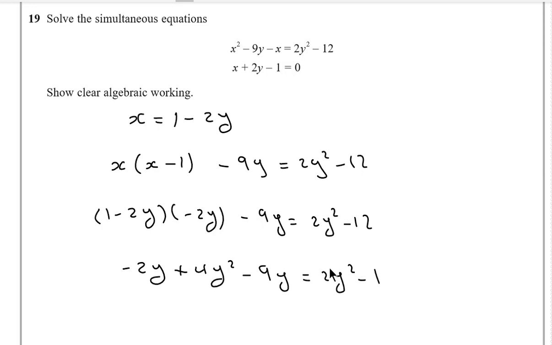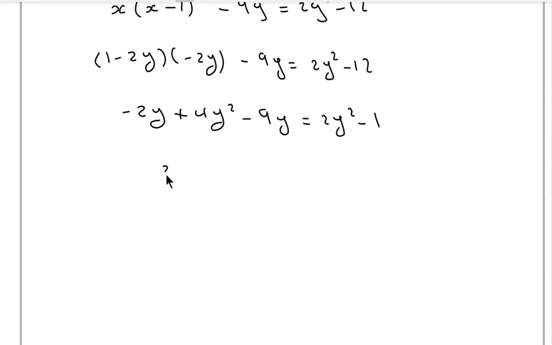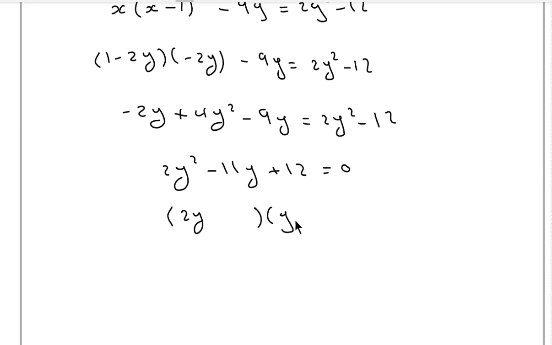Let's collect the like terms. We have 2y squared minus 11y plus 12 equals 0. 2y here and y here, and then 12, maybe 4 times 3.